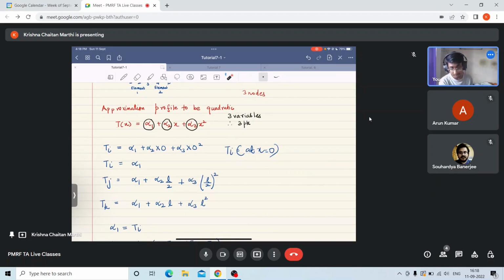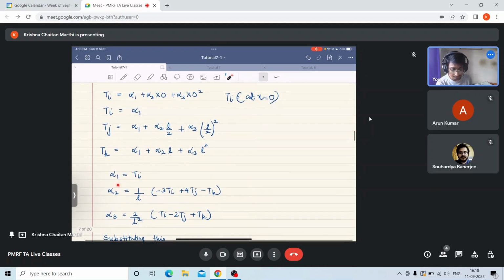It is the midpoint, and Tk is at the right end, that is alpha 1 plus alpha 2 times L plus alpha 3 times L square. From this we can get the values of alpha 1, alpha 2 and alpha 3. The value of alpha 1 is Ti, the value of alpha 2 is 1 by L times minus 3 Ti plus 4 Tj minus Tk, and the value of alpha 3 is 2 by L square times Ti minus 2 Tj plus Tk. You can get this by solving this system of equations.